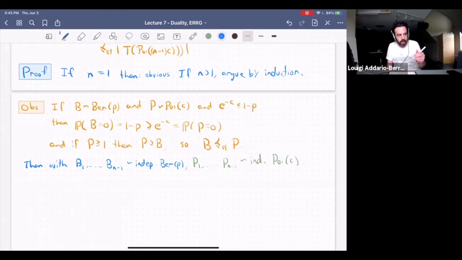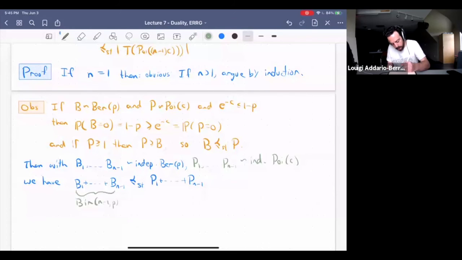So B1 plus up to B(n minus 1) is stochastically at most P1 plus up to P(n minus 1). This is binomial (n minus 1), p, and this is Poisson (n minus 1)c.